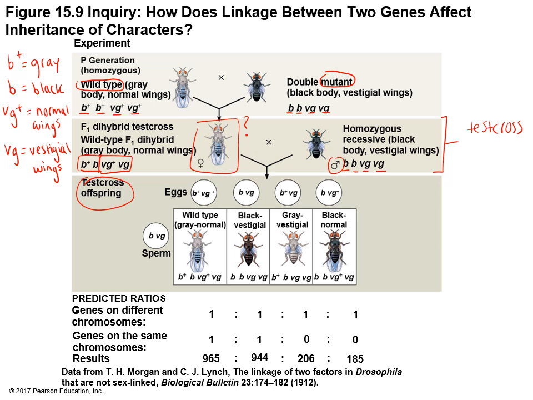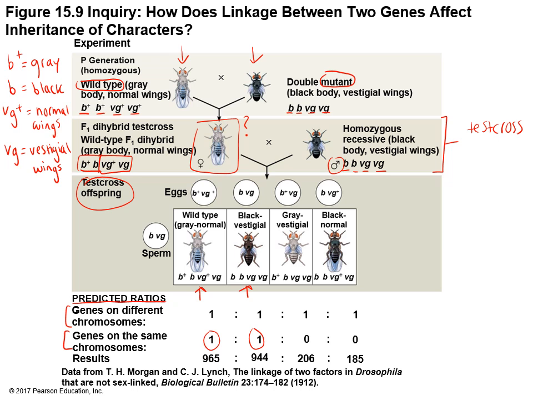There were 2 predicted ratios. If the genes were on different chromosomes, then we would see 4 different types of combinations of phenotypes. But if the genes were still on the same chromosome, then we would have only seen two different phenotypes, which were basically the phenotypes that looked exactly like the parents.